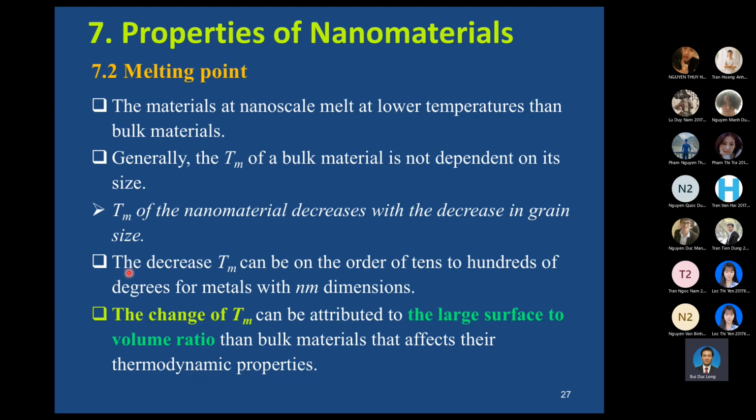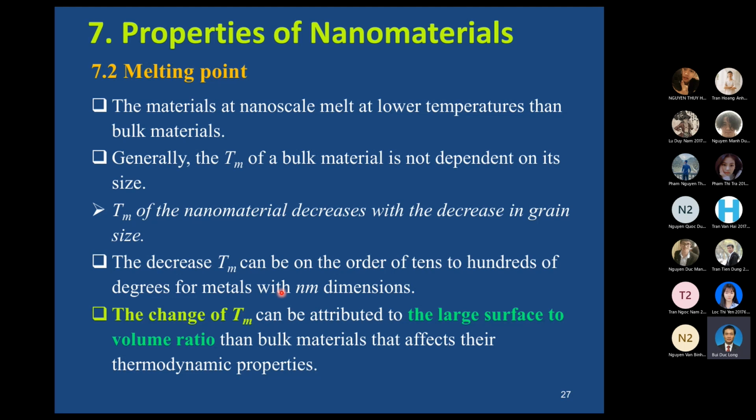The decreased melting temperature can be on the order of tens to hundreds of degrees for metals with nano dimension, and the change of melting point can be attributed to the large surface to volume ratio.